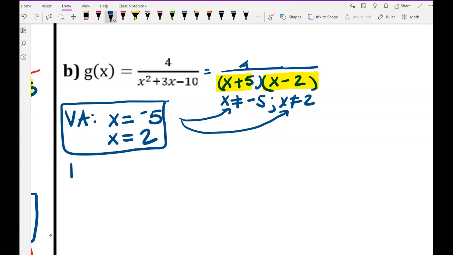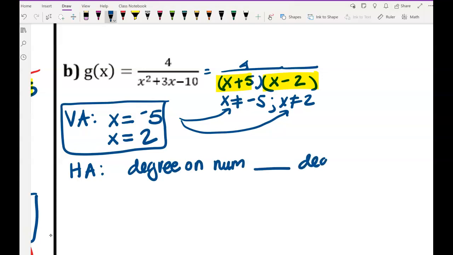All right, so let's look for HA, horizontal asymptote. Horizontal asymptote is all about the degree on top. Degree on numerator, I'm going to say blank, degree on denominator, and then we're going to figure out if it's bigger, smaller, or equal. On the denominator, the degree on the bottom is 2. Degree on the top, I have no x here.